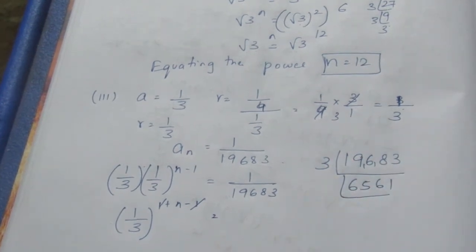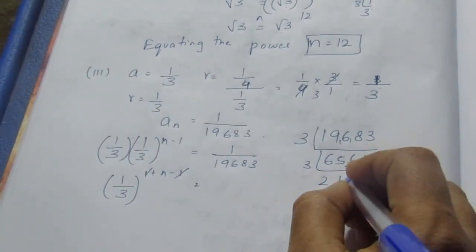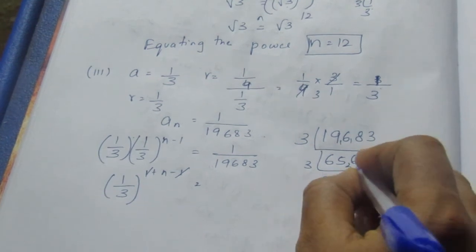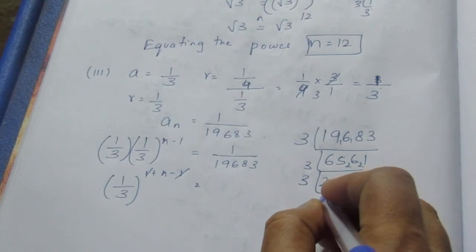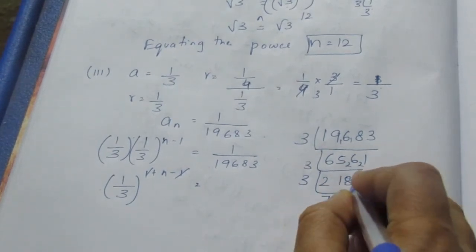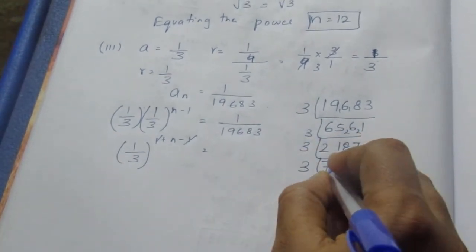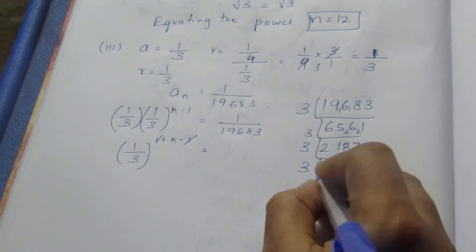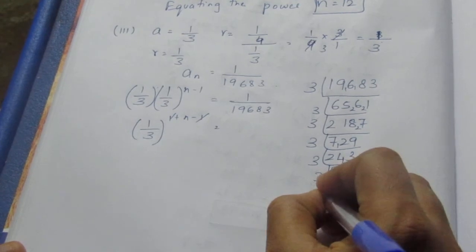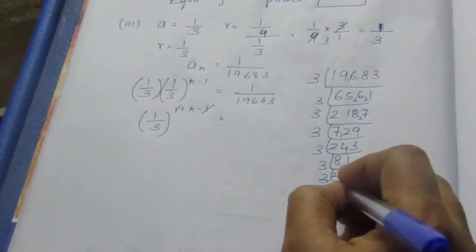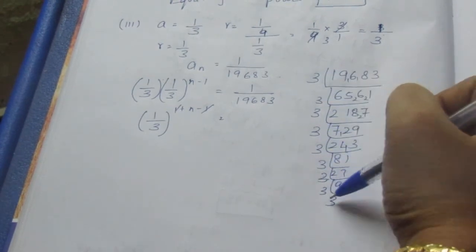Again with 3, again with 3, again with 3, again with 3. Now we get 1, 2, 3, 4, 5, 6, 7, 8, 9.